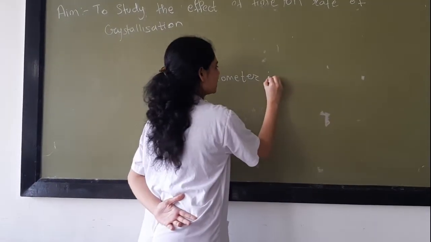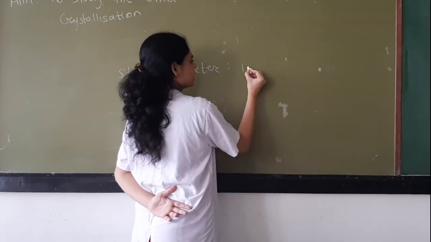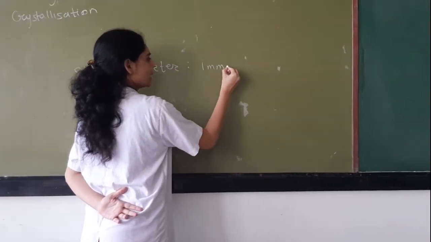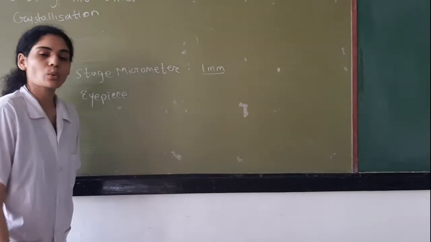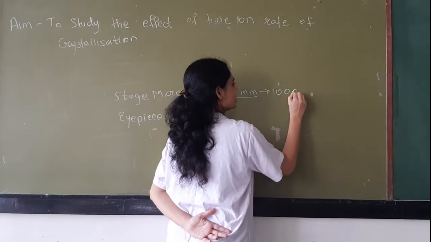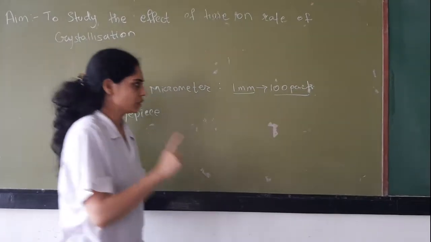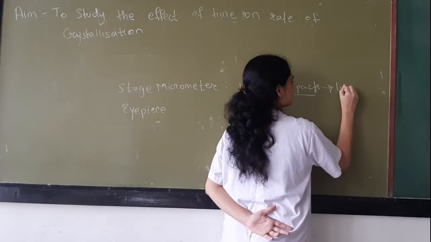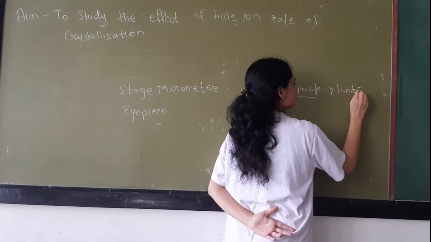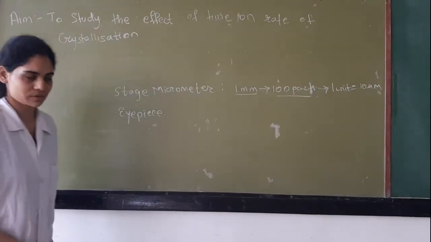If you look at the stage micrometer, there is a scale of 1 mm. This 1 mm scale is divided into 100 parts, or 100 units. So 1 unit of the stage micrometer is equal to 10 micrometers.